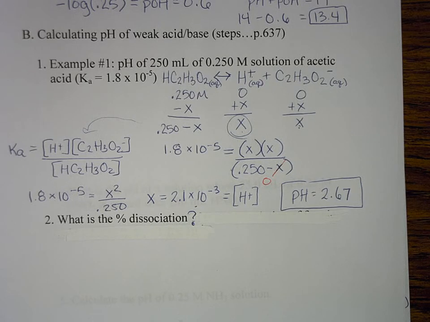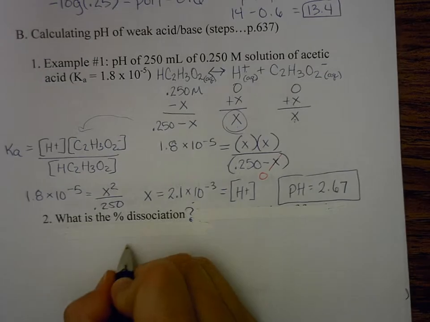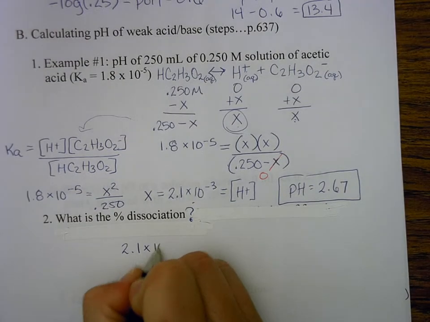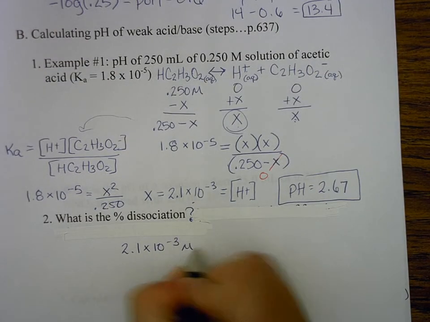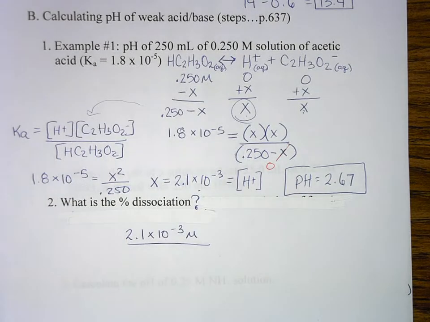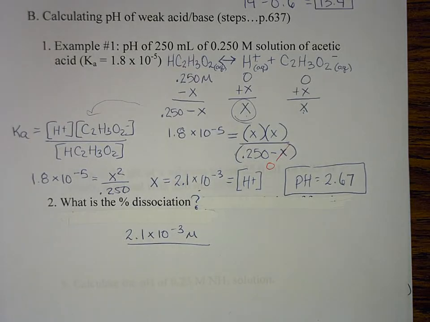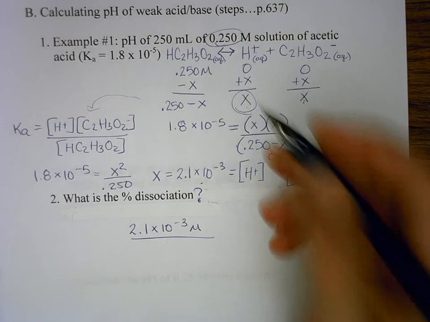All you have to do is take your concentration of hydrogen ions, which was 2.1 times 10 to the negative 3 molar, and you need to divide that by what the concentration would be if it was 100% dissociation. If it was 100% dissociation, then the concentration of hydrogen would be 0.25, because that's what was given.